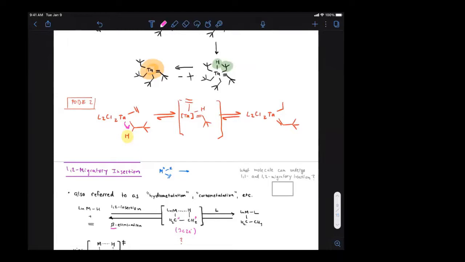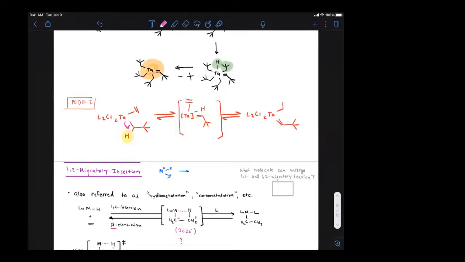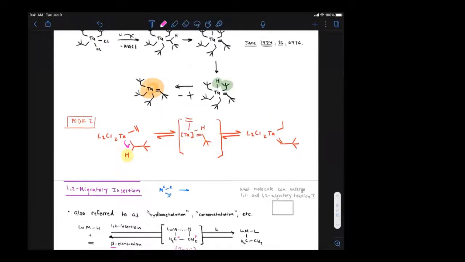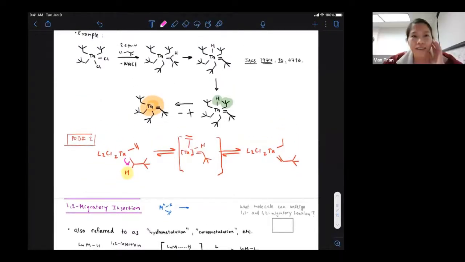Van, is this looking disapproving? Is that not right, Van? Would this apply in the other example that you gave before? Because it was a d0 tantalum, no? Prior to the shift. Yeah, I think this first mechanism, the all neopentyl, is kind of argued about.